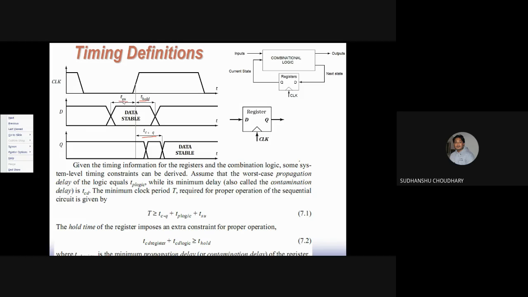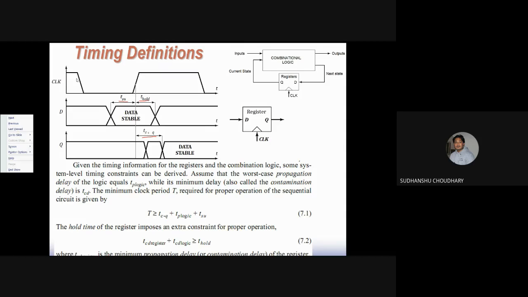Setup time is the time for which the data should be stable before the clock edge comes in. Since this is a positive edge triggered system, this register is a positive edge triggered register. So we say that the data D, that is this data, should be held constant for some time before this clock edge comes in.